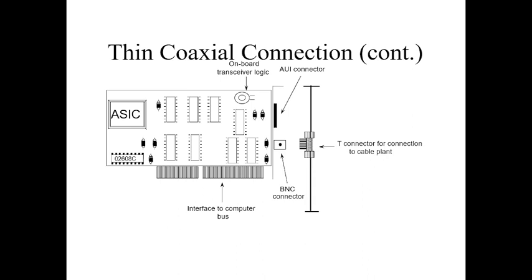This is the interface to the computer bus we are using, and BNC connectors and AUI connectors here. On board the transceiver logic we are using for this one, and the two connectors for the connection to the cable plant.